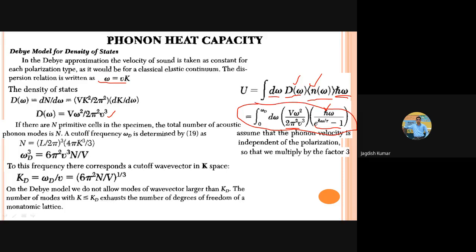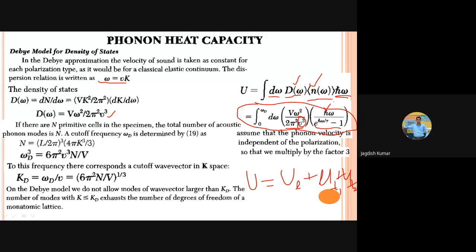One such integral will exist for a longitudinal mode. So in principle, the total energy should be U for longitudinal, U for transverse 1, and U for transverse 2, correct? But if we assume that phonon velocity is identical for all, then it is only the velocity which can be different from other phonon modes.